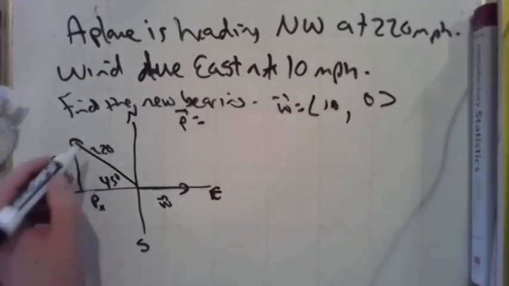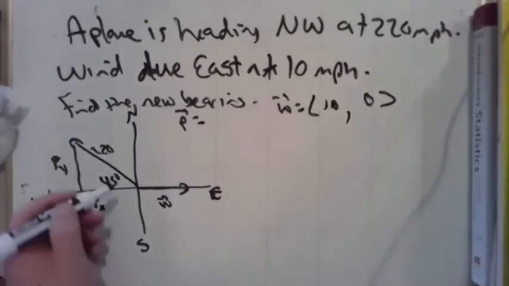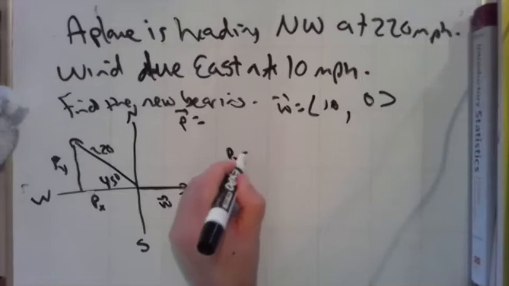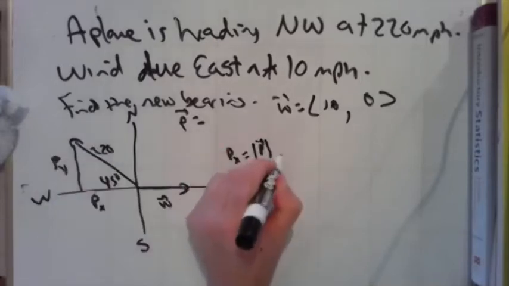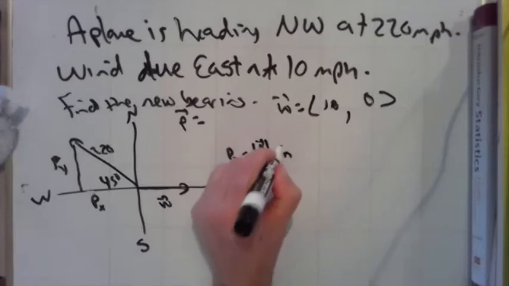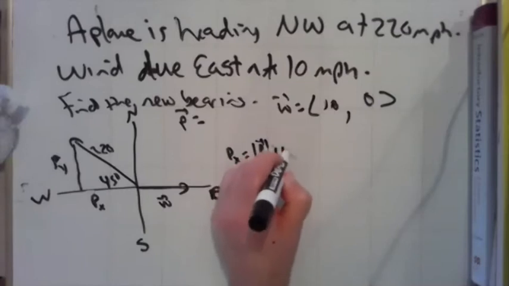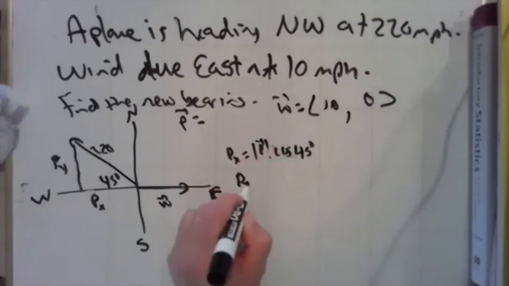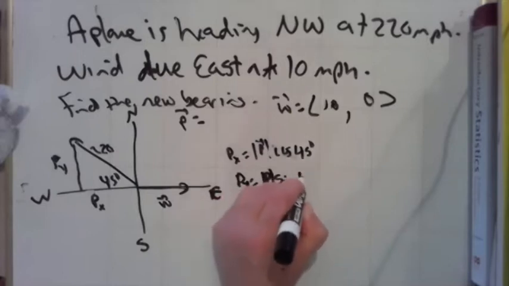Okay, we need to break the plane vector up into components. So we use trig. The x component here, px, will be the magnitude of the vector times sine or cosine, because it's adjacent to the 45. And py will be the magnitude times sine of 45. Now I have to be careful.